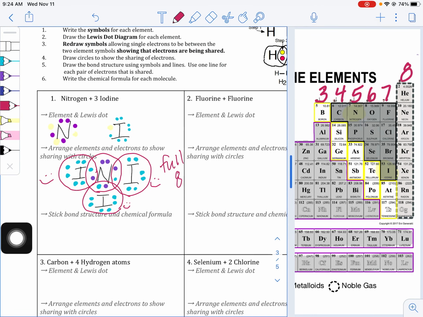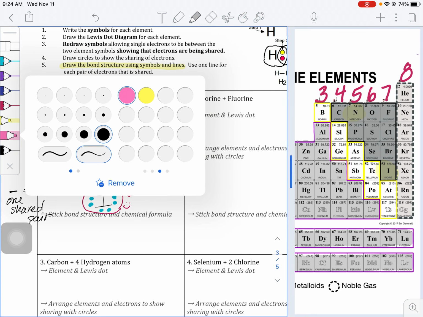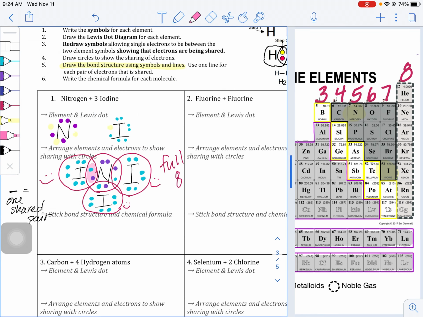Great. Last 2 then is we want to draw the bond using the symbols and the sticks or the lines. And remember, what each stick represents is one shared pair. Here I have a shared pair, here I have a shared pair, and here I have a shared pair. So I'm simply replacing those shared pairs with a stick. I'm going to use the same setup.